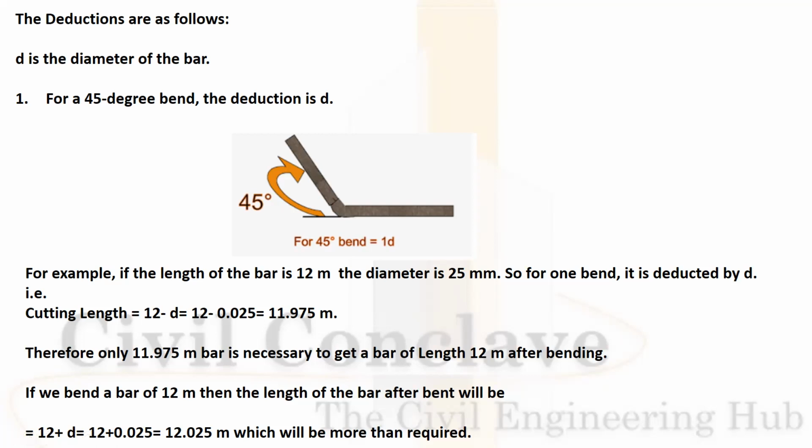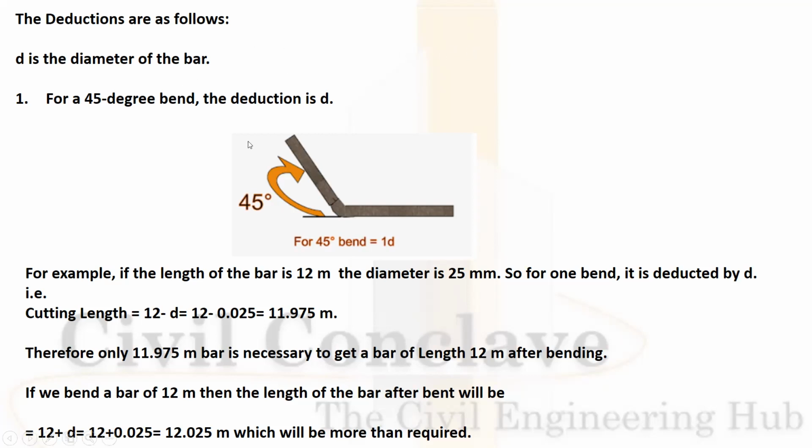Only 11.975 meter bar is necessary to get a bar length of 12 meter after bending. In case you bend a 12 meter bar, then the length of the bar bent will be 12 plus D, which is 12 plus 0.025, that is 12.025, which indicates more bar length is required.